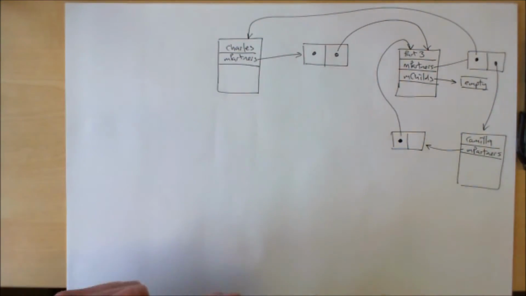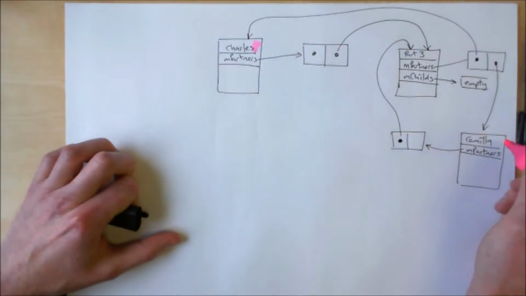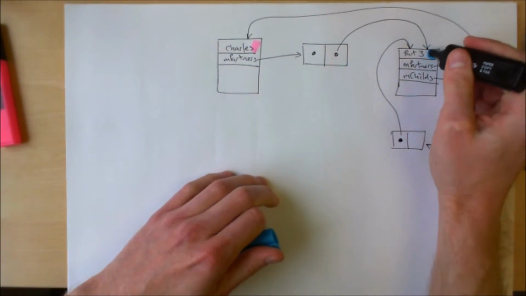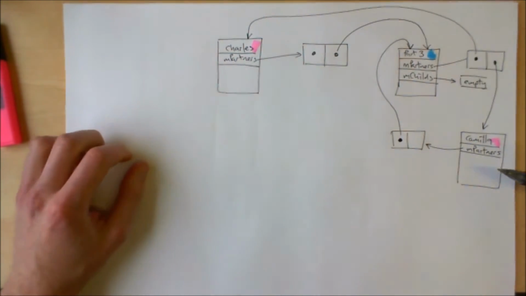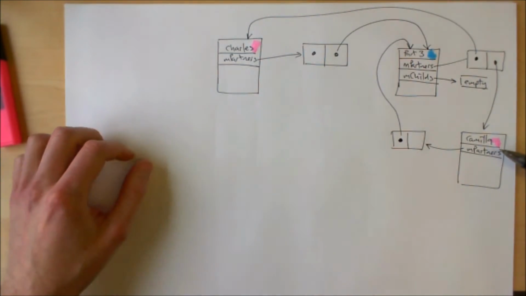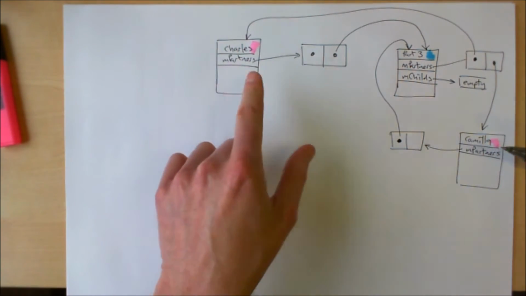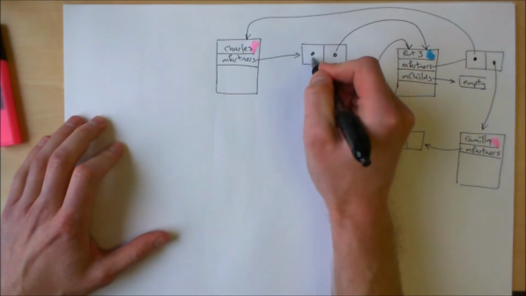I'm trying to remember, I think it was pink for a person and blue for a partnership. So that's a nice simple partnership. It doesn't have any children, and it just has those two people in it, Charles and Camilla, as the partners.